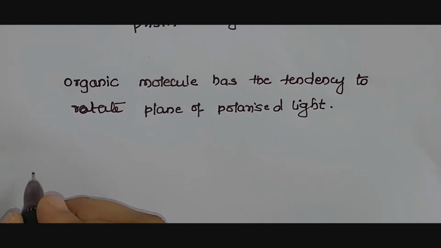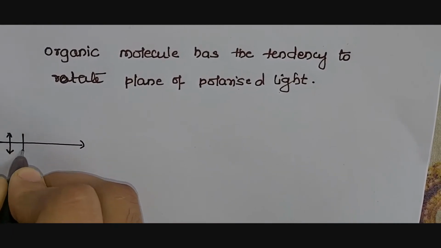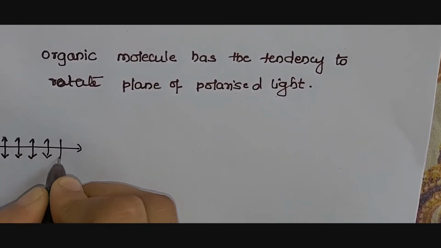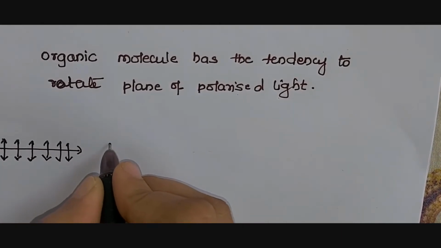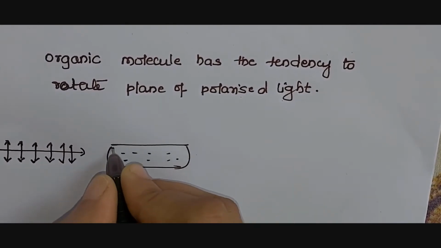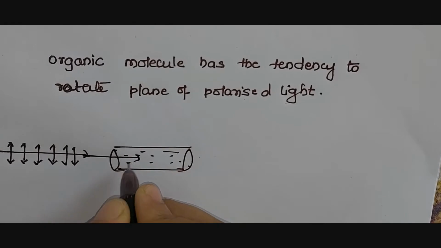Now we will observe the plane polarized light. This is our plane polarized light, because it is moving in a single direction. A polarimeter consists of an analyzer through which you can observe the change in direction of the light. Let us consider that we have a solution, and this plane polarized light is made to pass through the solution.